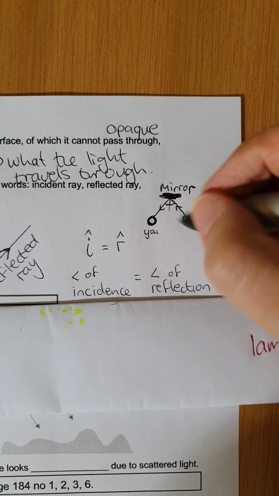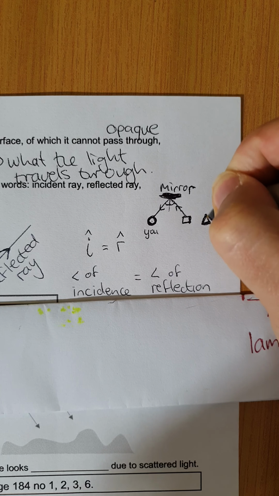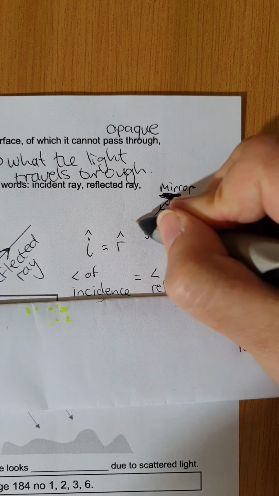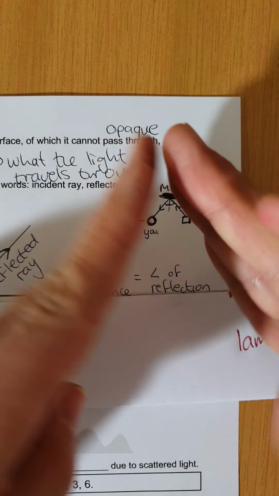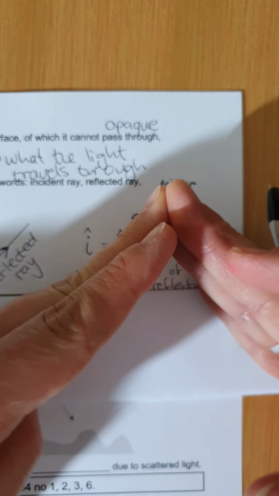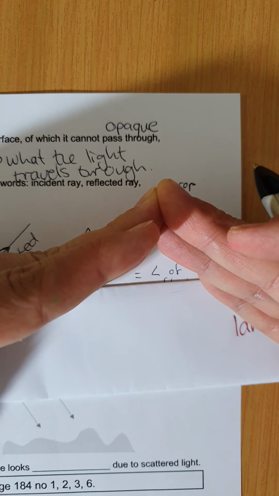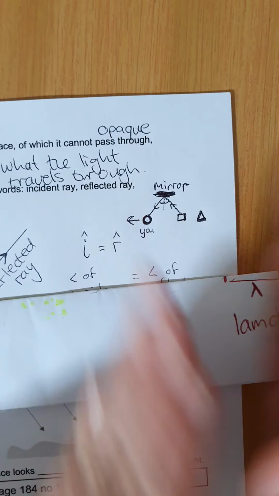How do you need to move in order to see the triangle? You're going to have to move that way, because as you go, it will go like that. So the more you move this way, the more you're going to see that way. When you close your angle of incidence, you're going to see that. So try and have a look and see what you're going to do.